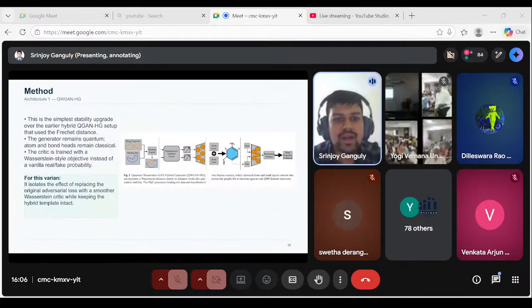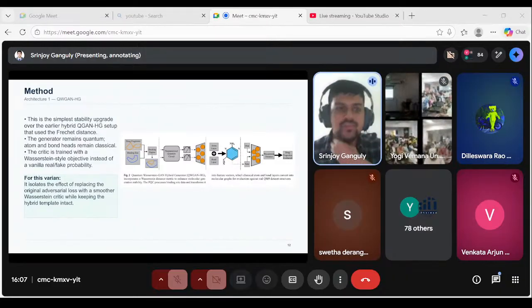So I think I have explained the architectures, so I'm going to skip past very quickly. This is the quantum WGAN, quantum Wasserstein GAN with no gradient penalty. If you see, there is no gradient penalty here on the right hand side. If you focus on the right hand side, because the left hand side is the same kind of model: a generator with a patched layered quantum circuit, which I have already explained.